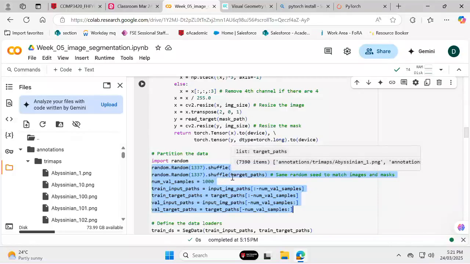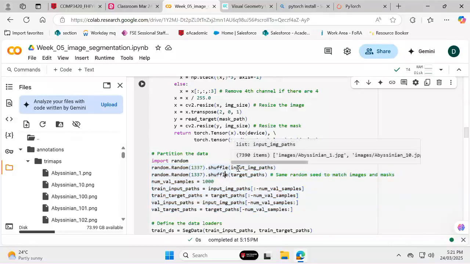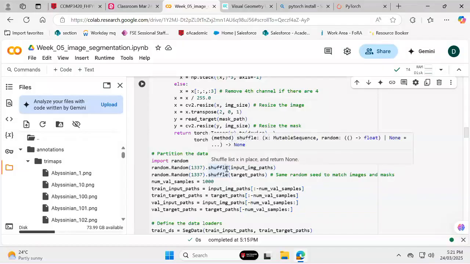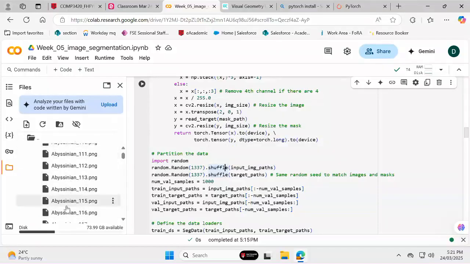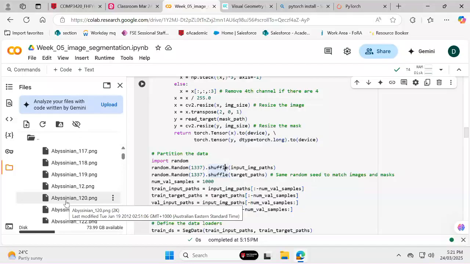And it's very simple. What it does is, given the list of image paths, shuffle it, so that any possible order in here is lost, and all the possible categories are kind of interleaved. So that's the best thing to do.